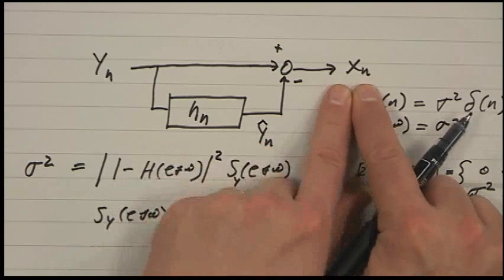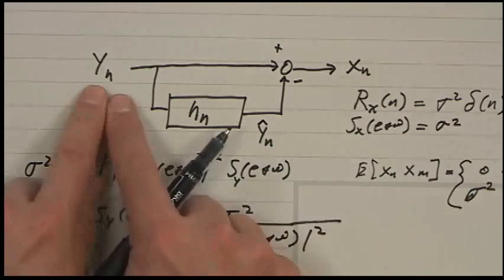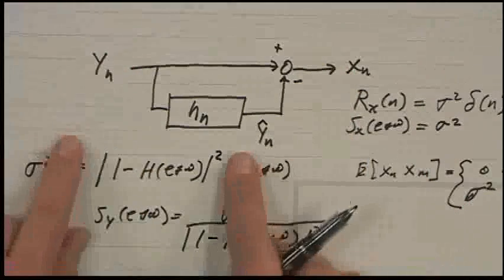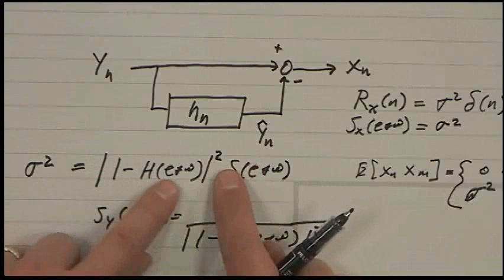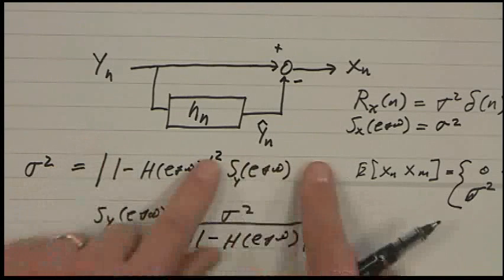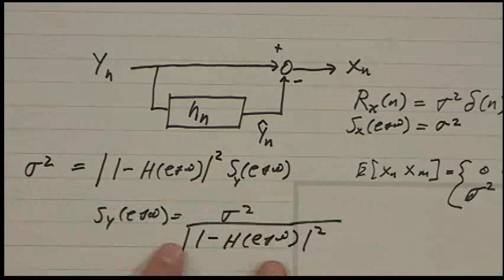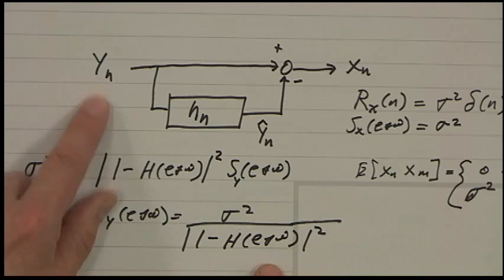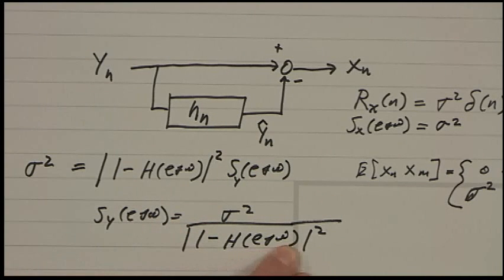But furthermore, we know that this power spectrum has to be that power spectrum times this filter response squared. That filter response is 1 minus H of e^{jω}, squared, times S_y is σ². So we solve for this, and we get that S_y, the power spectrum of y, must have been σ² over the magnitude squared of 1 minus H of e^{jω}.